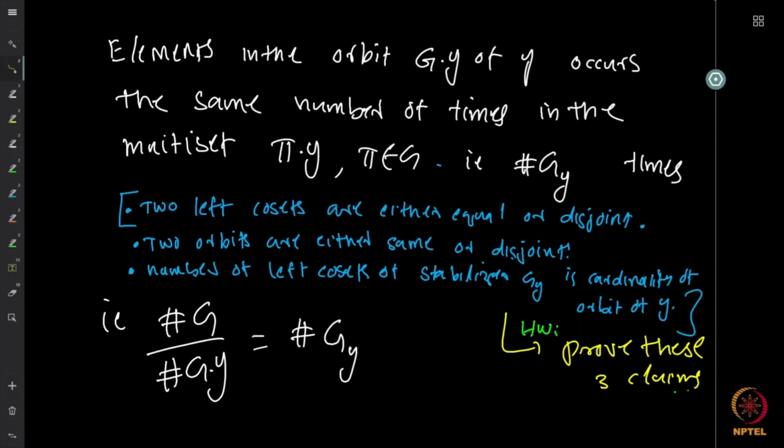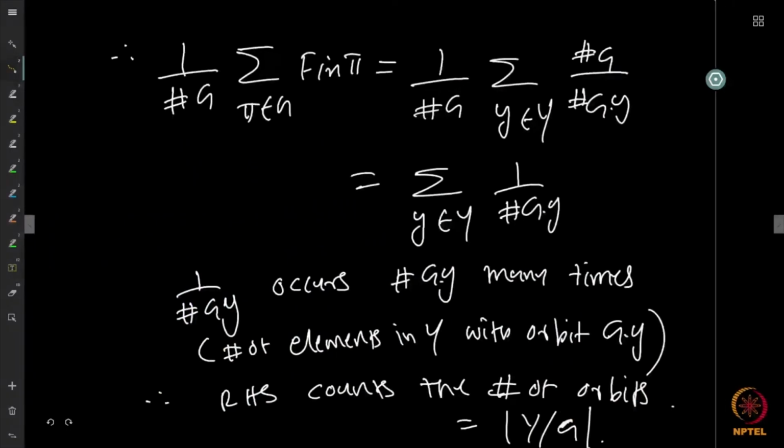Once you have this, we can just substitute. So we get 1 by order of G summation of fixed pi is equal to 1 by order of G summation over y belongs to Y of the cardinality of G sub y, but that is equal to order of G by order of G y.